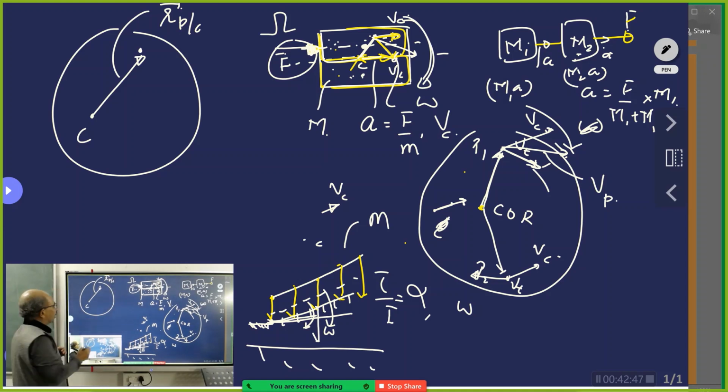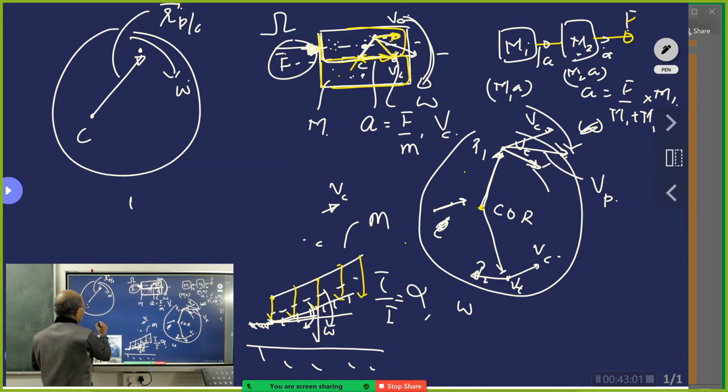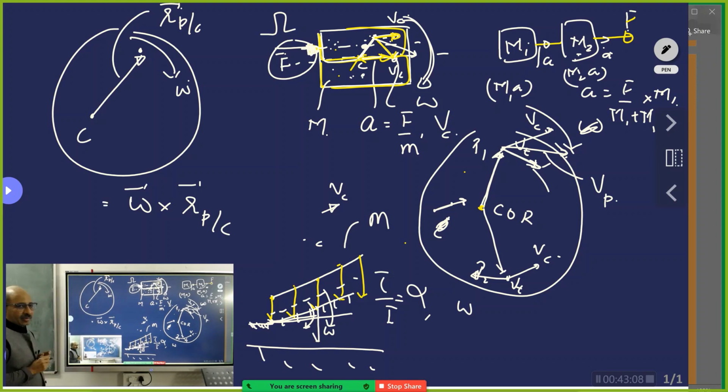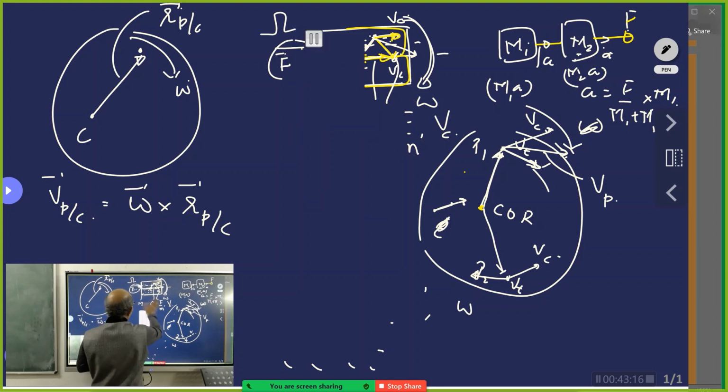And this is moving with omega. So what is omega bar cross R bar PC? It is V bar of PC. Clear?